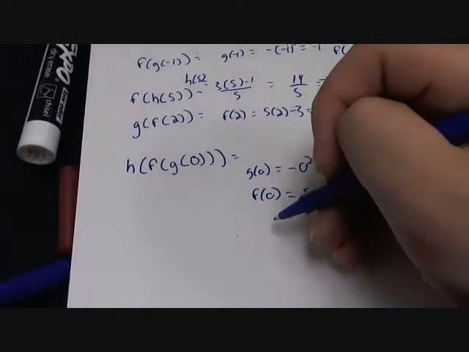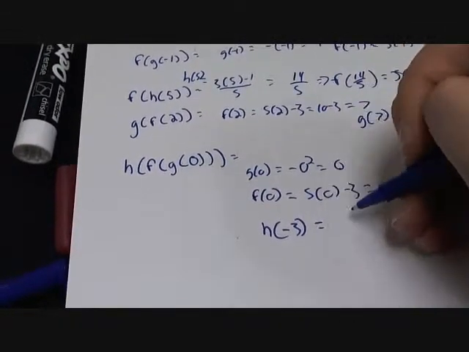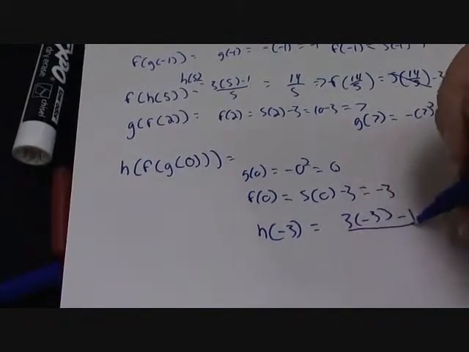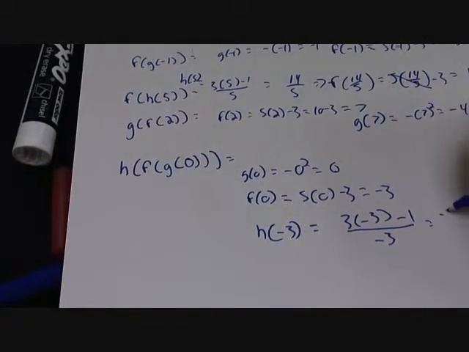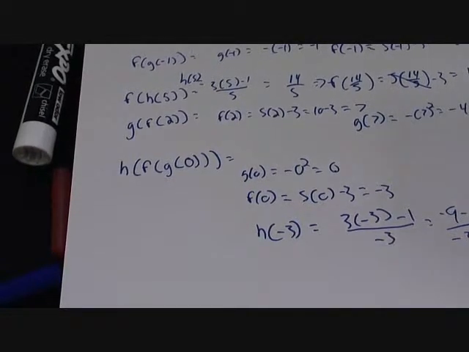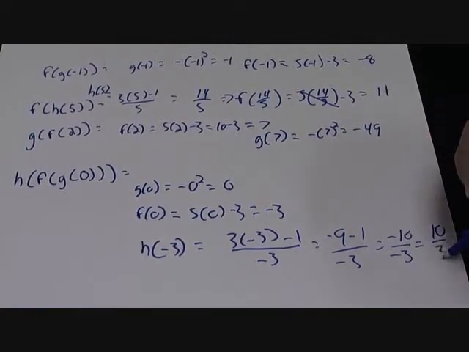So now we have to find h of negative 3, which is equal to 3 times negative 3 minus 1, over negative 3. So this becomes negative 9 minus 1, which is negative 10, over negative 3, which is 10 over 3.